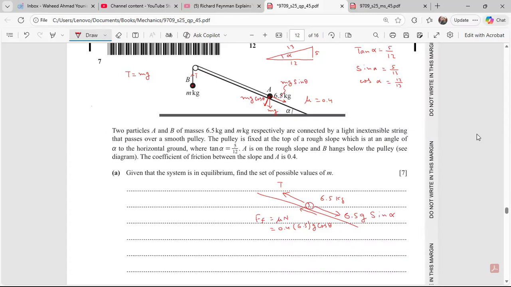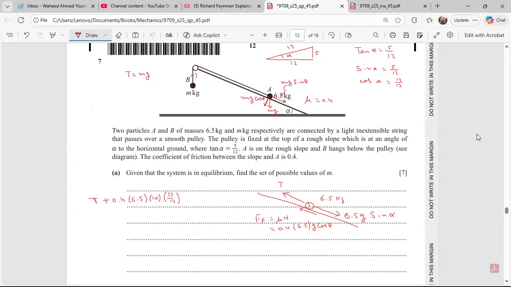Since everything is barely balanced, this T plus this force, which is 0.4 times 6.5 times g, I will use 10 as g. It's 9.8, but I'm going to use 10. Times cosine of theta, which is 12 by 13.